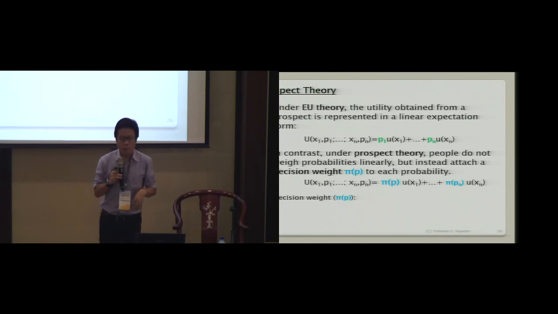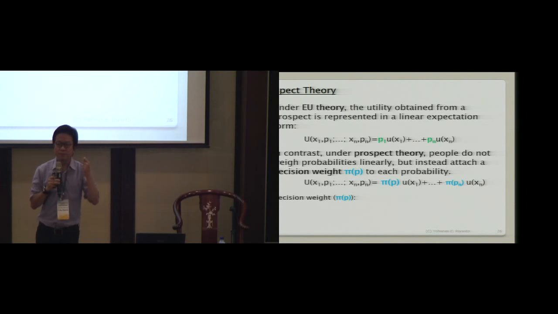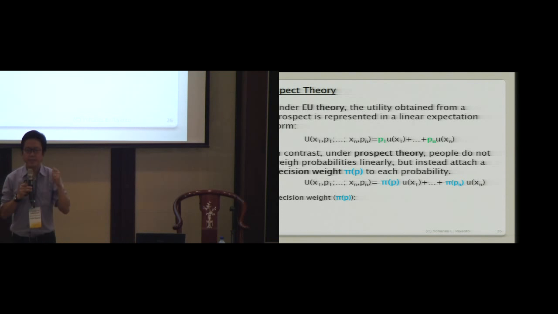Suppose you have a 10% chance of getting $1,000, and then that chance increases to 20%. From 10% to 20% chance of getting $1,000. Compare that situation to if at the beginning you have a 90% chance of getting $1,000 and that chance increases to 100% chance of getting $1,000. The difference in probability is the same, 10%, 10%.